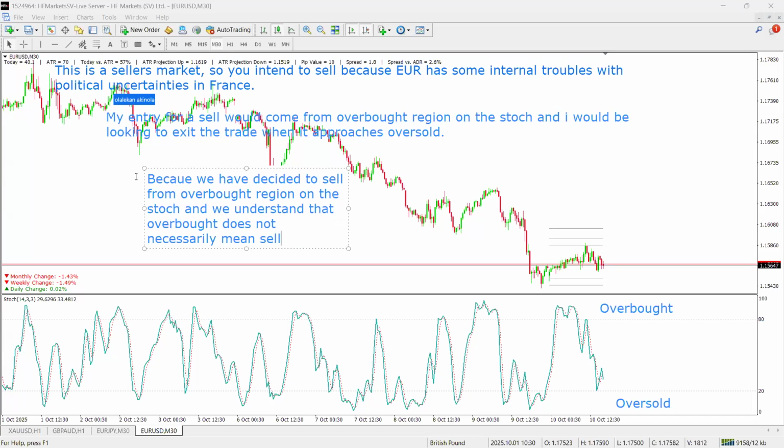It says, because we have decided to sell from the overbought region on the stock, and we understand that overbought does not necessarily mean sell, we have to wait for entry confirmation.